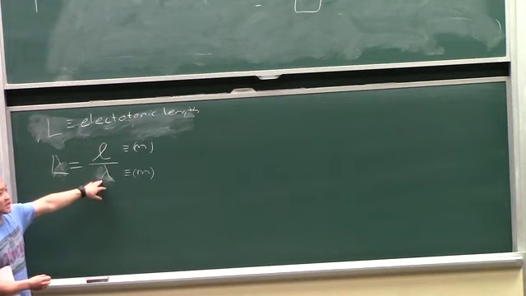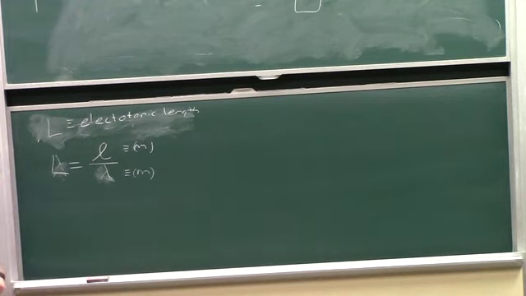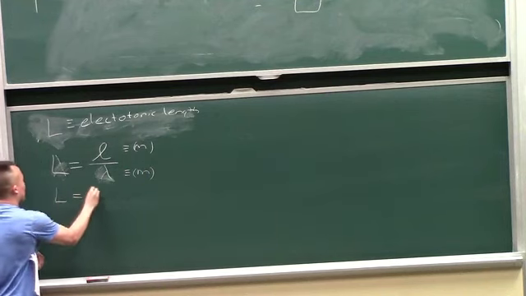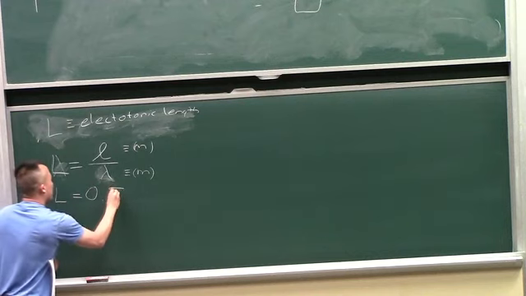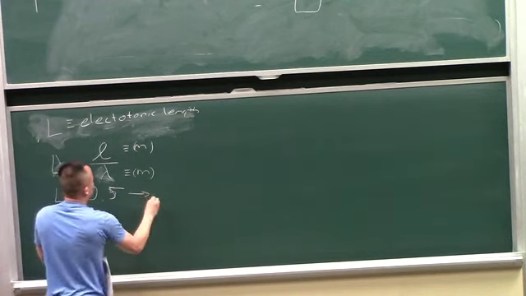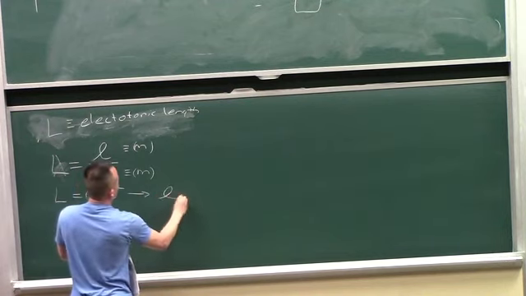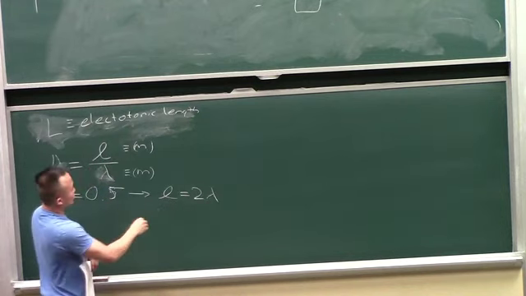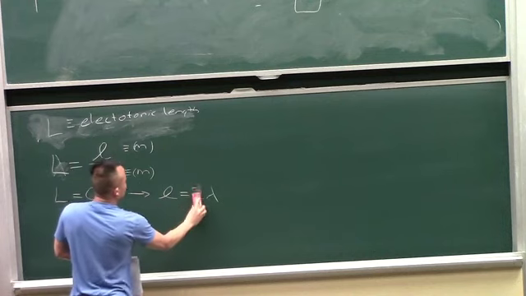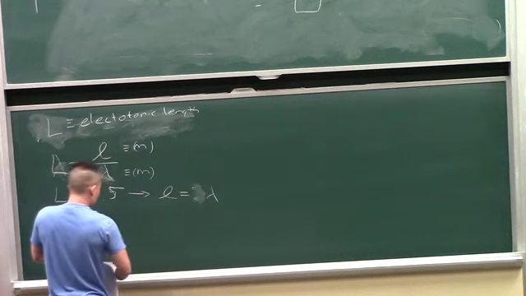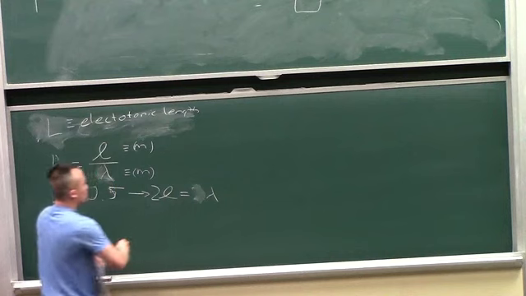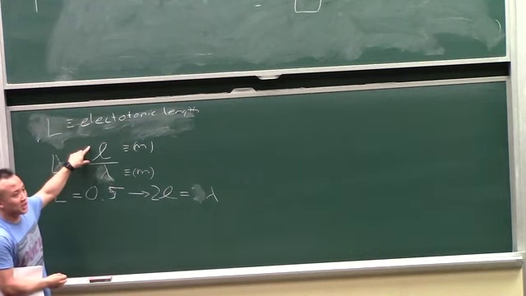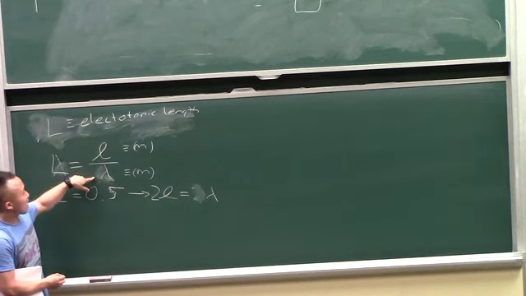The space constant has units. So if you're given L equal to 0.5, all that tells you is that L is equal to half of lambda. Essentially, your length is half of the space constant.